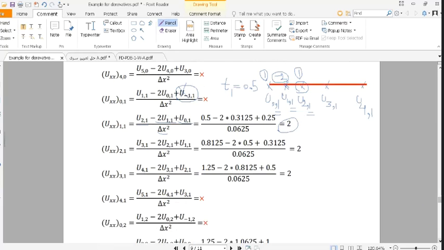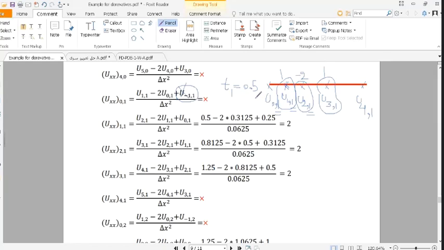For the next point, the third point on this line with the indexes 2 and 1, we should use the next point, U at 3 and 1, also U2 and 1, and also U1 and 1. The coefficient for U1 and 1 is 1, the coefficient for U2 and 1 is -2, and the coefficient for U at 3 and 1 is 1.